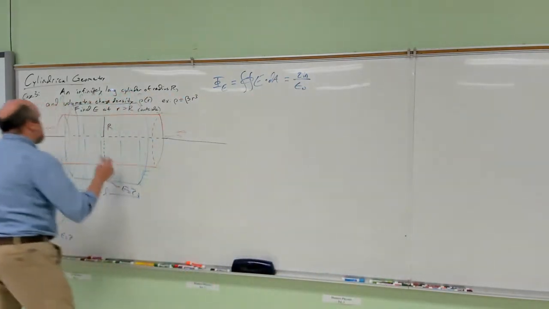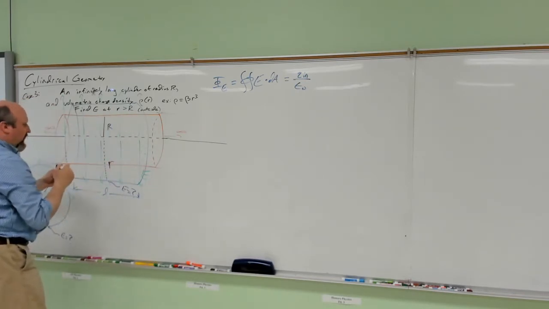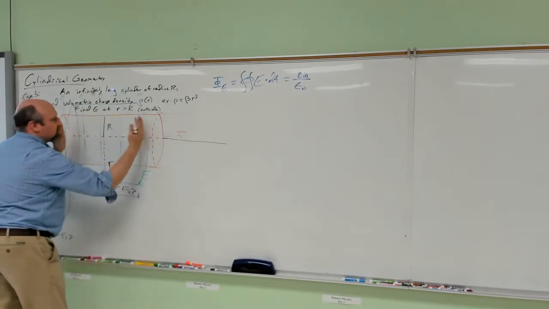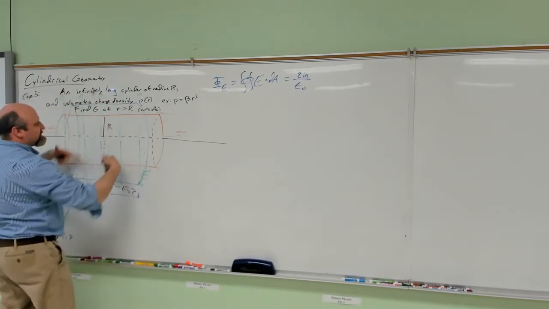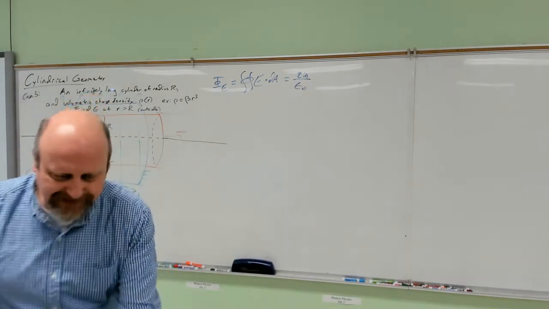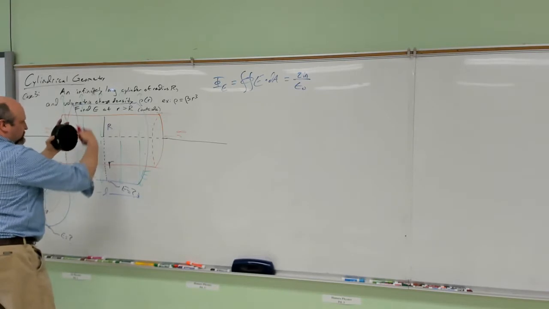Hopefully you see my area vector here. When I go to find the flux through this surface, I recognize that really it's a set of three surfaces: the left side, the right side, and this curved part, the side of the cylinder. It's like a cylinder, with its left end, the right end, and this curved side surface.